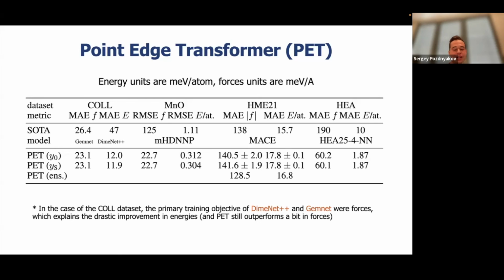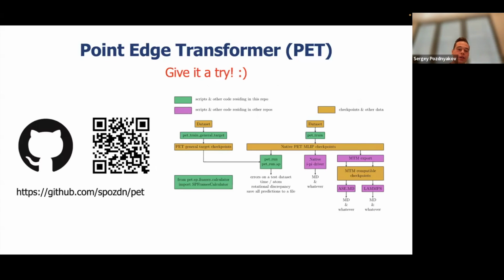It is simultaneously an old-school shallow MLP based on the power spectrum, and it combines it with modern-style embeddings. And as you can see, PET outperforms such old-school models quite dramatically, like 5 times here, 3 times, also 3 times, and 5 times. So I have finished with the benchmarks.